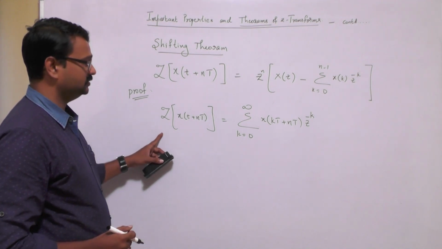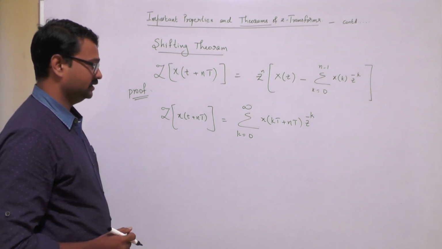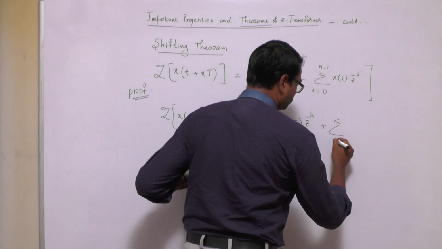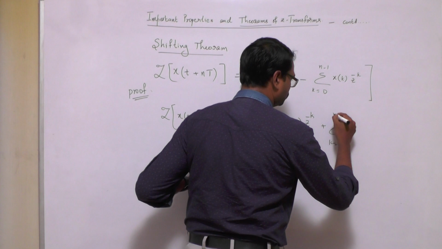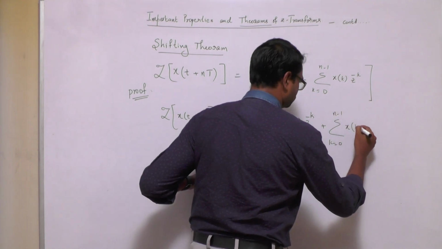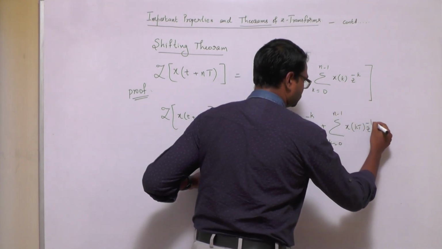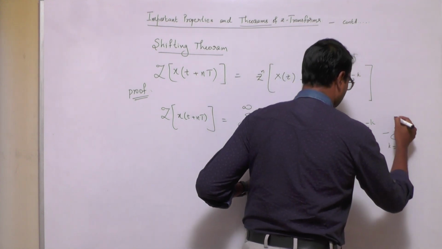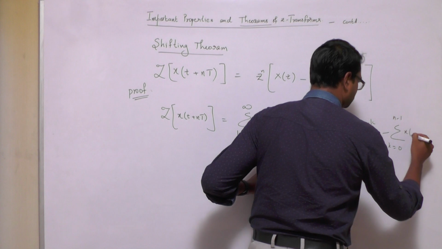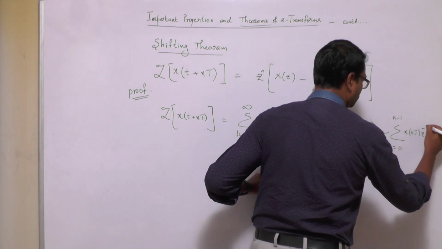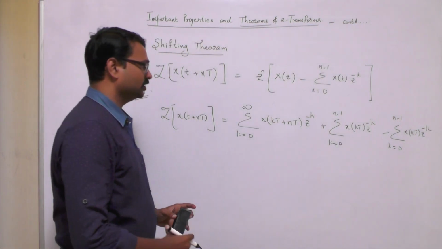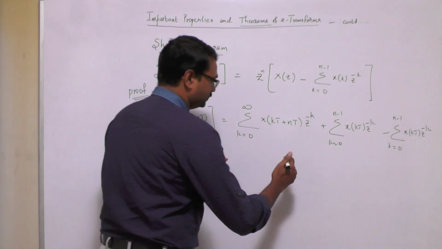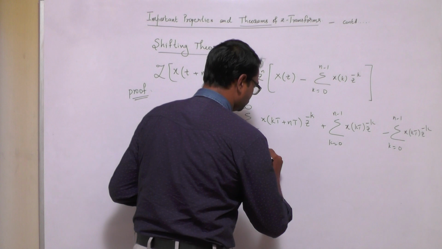That is by definition we are going to get like this. Now if I add sigma k is 0 to n minus 1 x of kt z power minus k and subtract the same term here, k is 0 to n minus 1 x of kt z power minus k, if I add these two terms, I can combine these two equations like this.